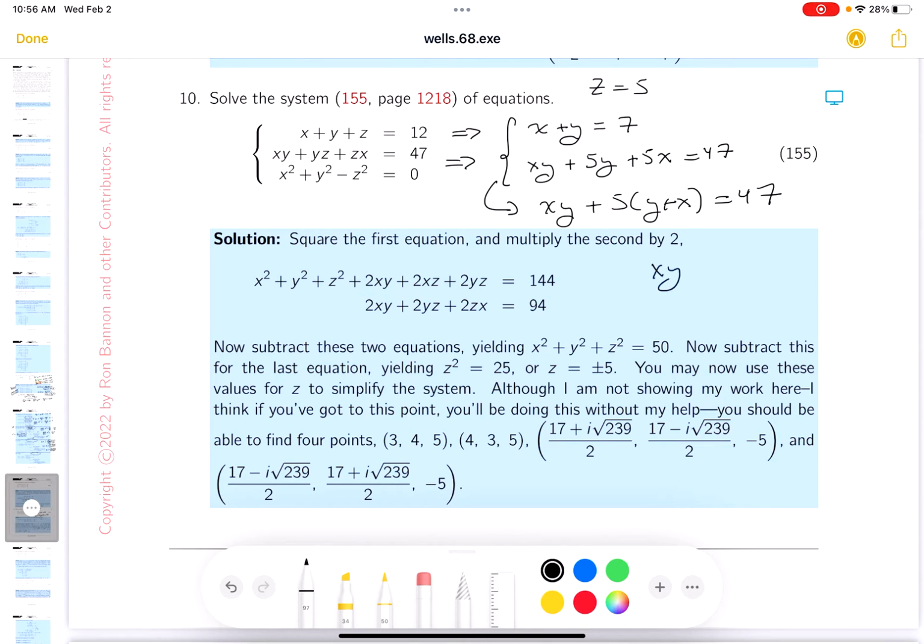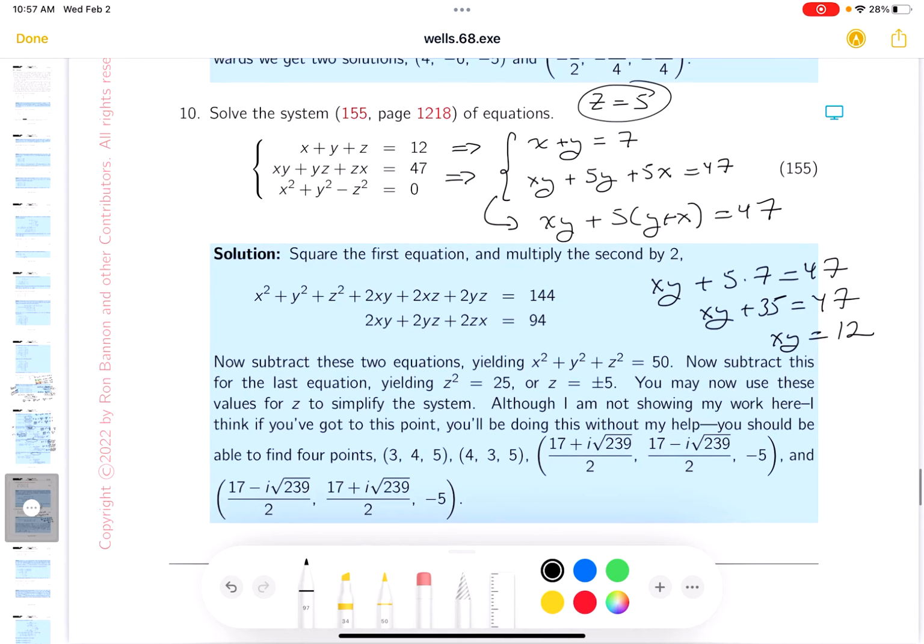So xy plus 5 times 7 is equal to 47. And again, I'm just using this way. You can do minus 5 later. So xy plus 35 equals 47. xy, well, that would be 5 and 7, which is 12, right? This is pretty simple. I'm going to write that down for you.